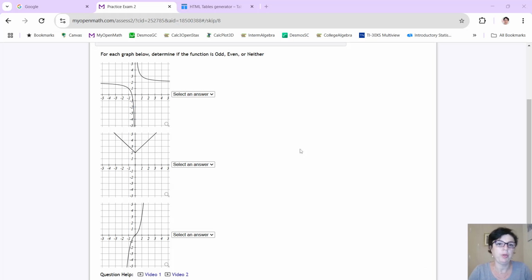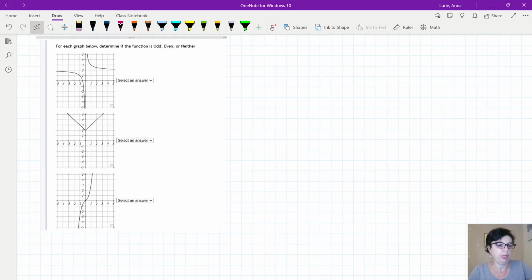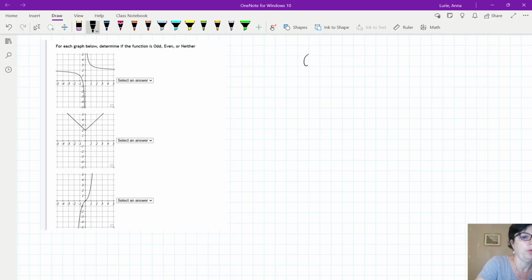In this video, we are going to take a look at how to tell from a graph if a function is odd, even, or neither. All right, so first of all, for any odd function, I would pick a point. Let's say you picked a point, for example, for the top one, 1, 3.